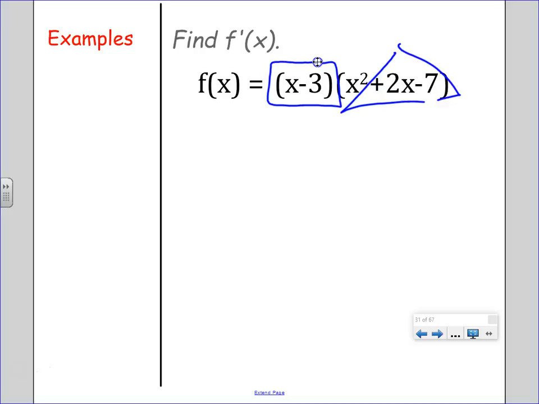Do you see why we had to get really good at shorter derivatives? Because in the product rule, you have to take the derivative really fast of individual parts.